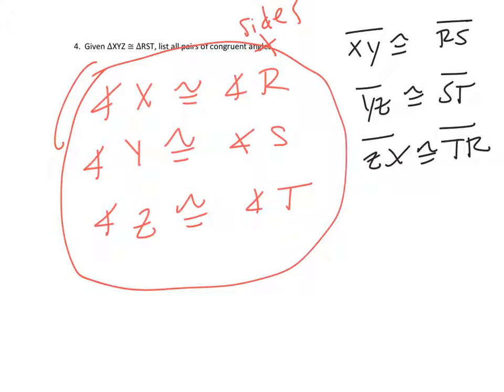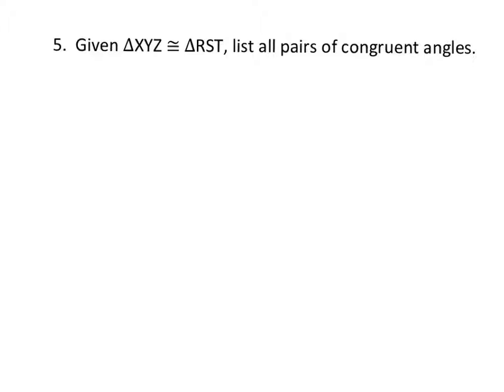Again, order matters. Okay, so we're going to say that these two triangles, XYZ, RST, are congruent. List the congruent angles. Order matters. XR, YS, ZT.